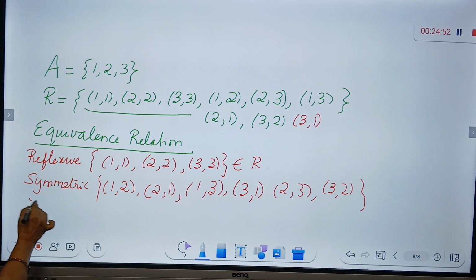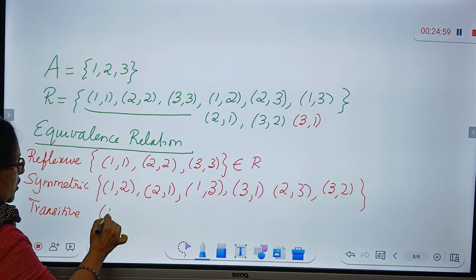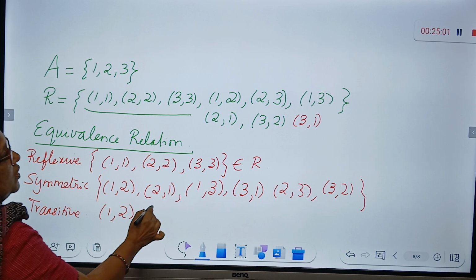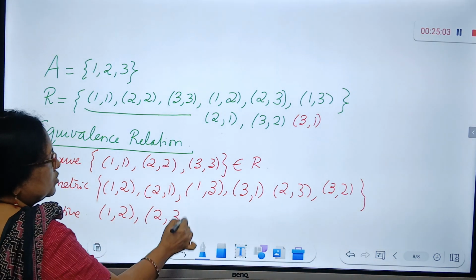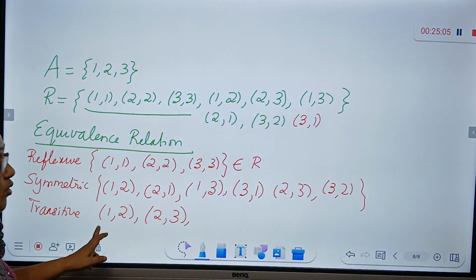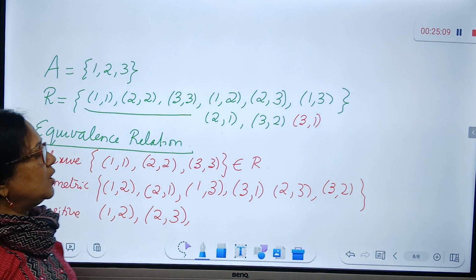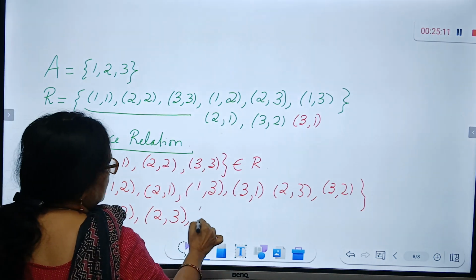Now what about transitivity? 1 is related to 2, and 2 is related to 3. So what is the question you need to ask naturally? Whether 1 comma 3 belongs to R. Is it there? Yes.